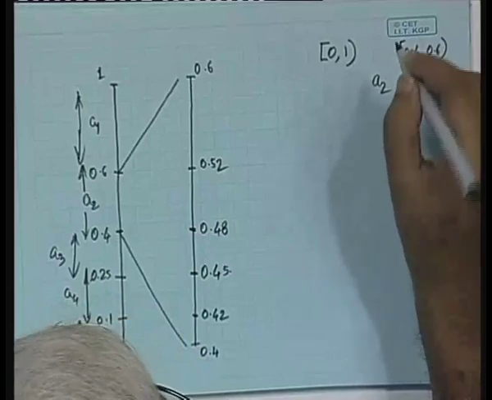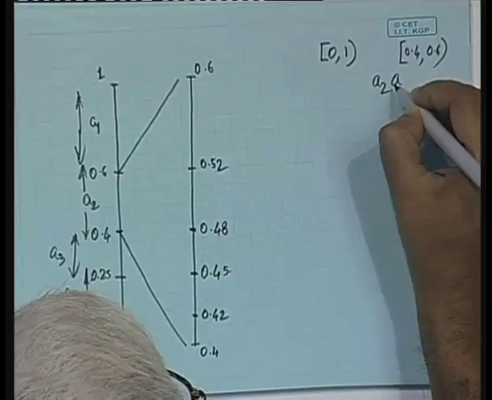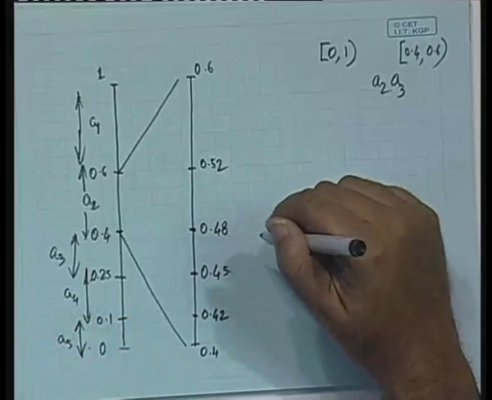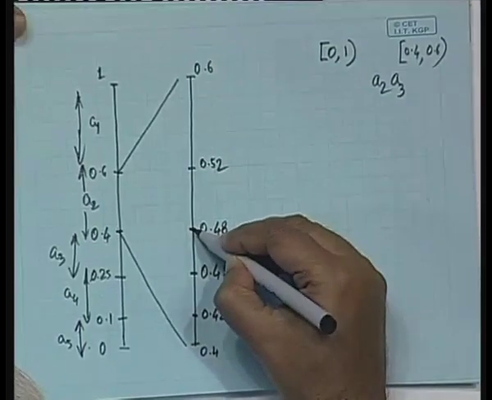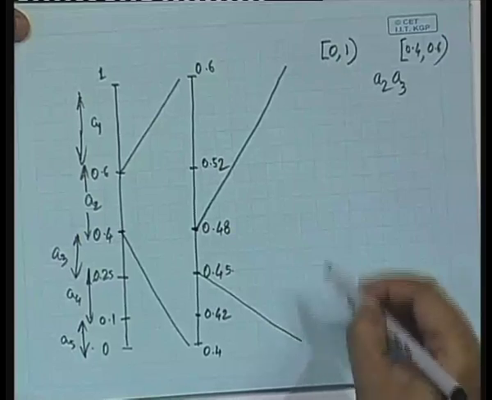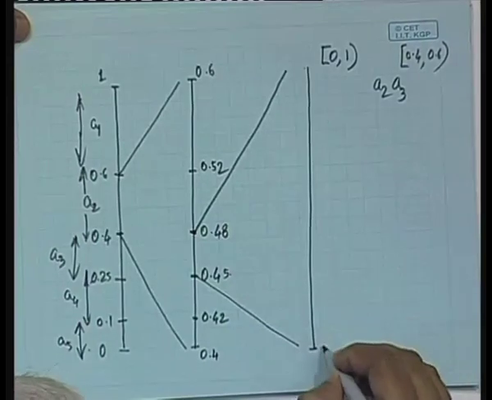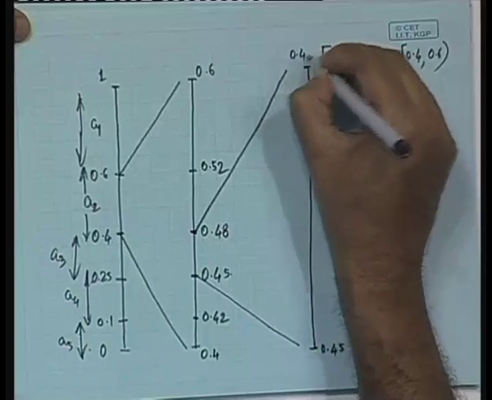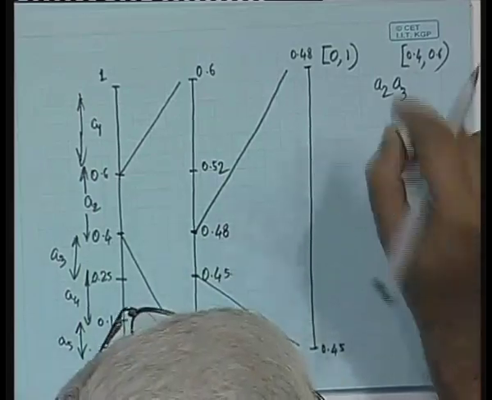Now if the next symbol in the sequence happens to be A3, let us say, in that case this A3 has to be expanded. So now we are going to have the number line that goes from 0.45 to the upper limit 0.48. So what is the conclusion?